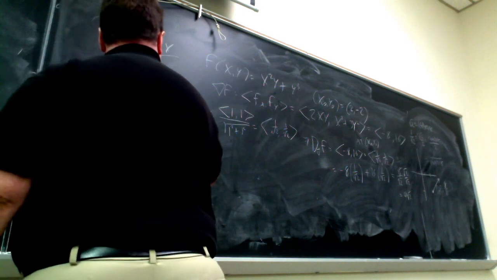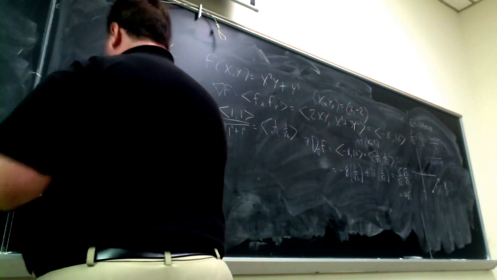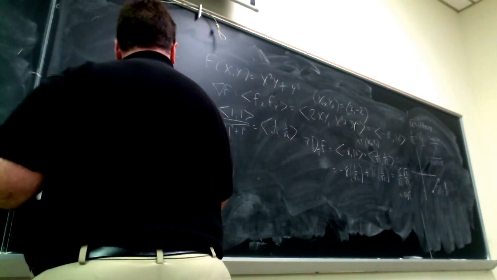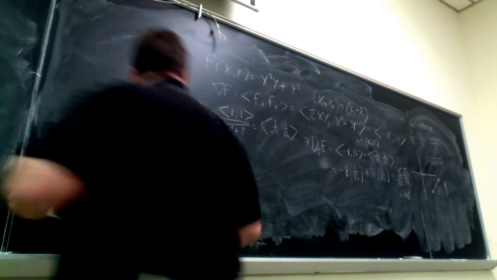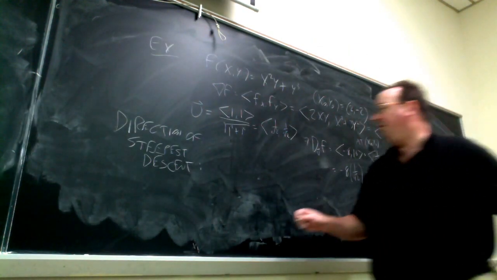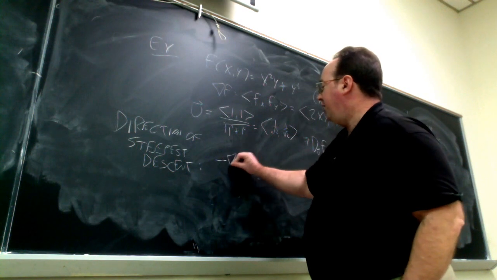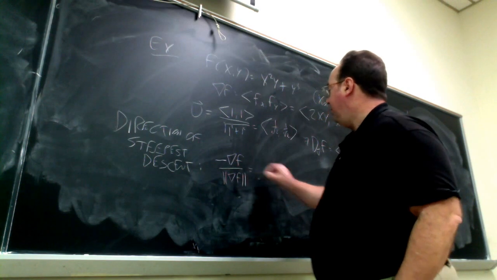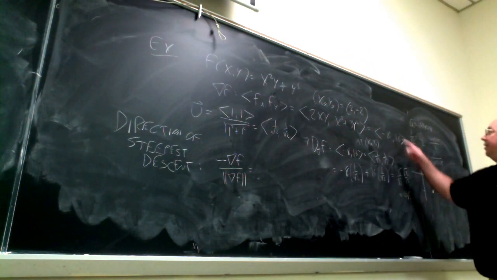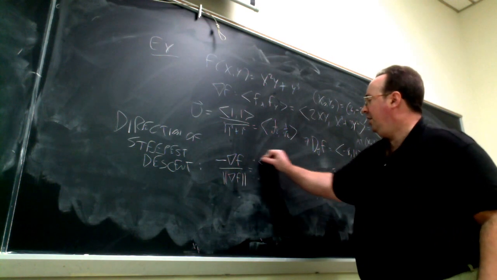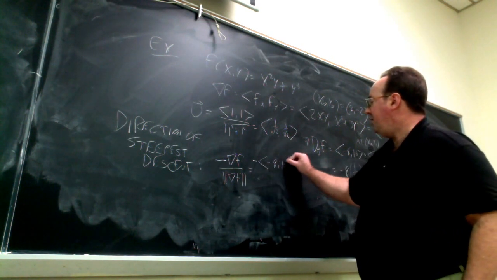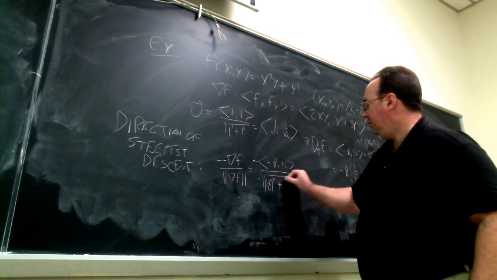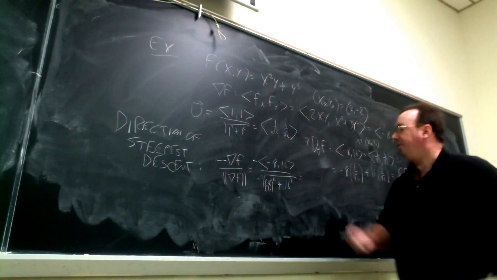Okay. Now, what about the direction of steepest descent? It's an application that's more interesting anyway. So that's going to be minus the gradient over its magnitude. So that would be negative of minus 816 over... okay.